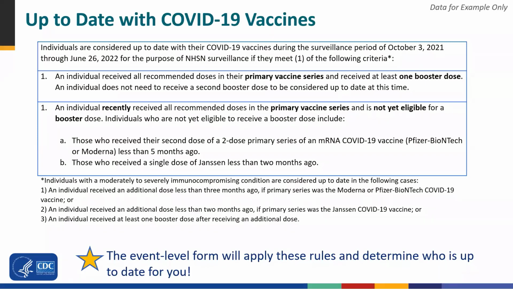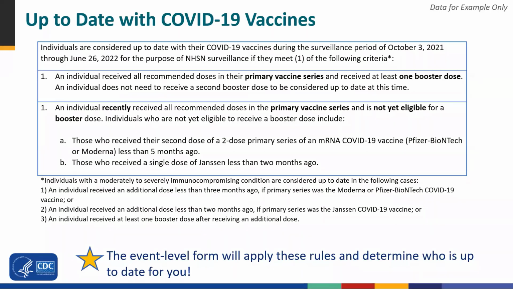So if you happen to know that this individual has a moderately to severely immunocompromising condition and they received an additional dose, because additional doses are received for immunocompromising conditions, and then booster doses are received after that. So if you do happen to know that someone falls into that category, these 3 criteria underneath the table are the scenarios that would apply to them.